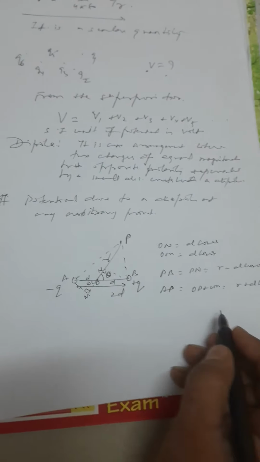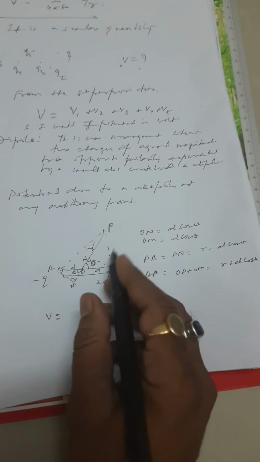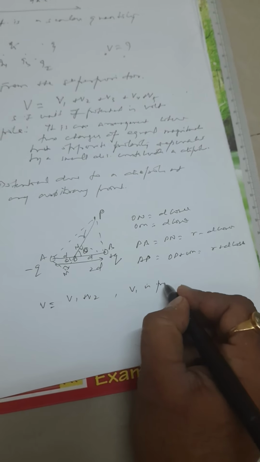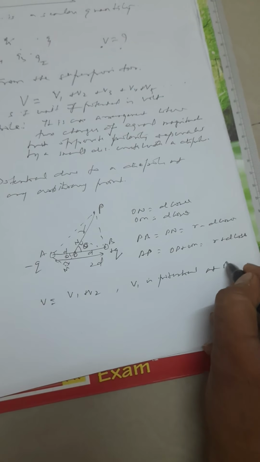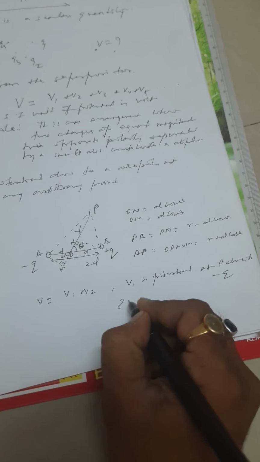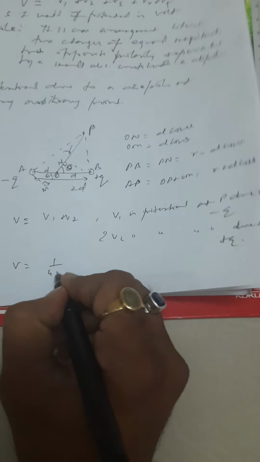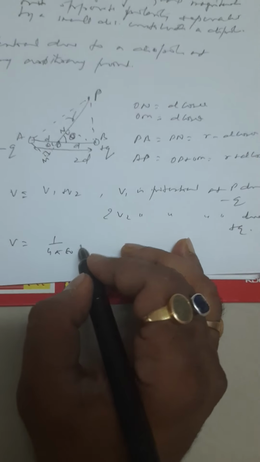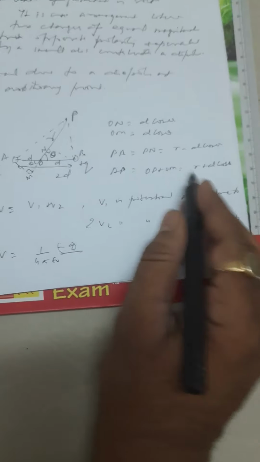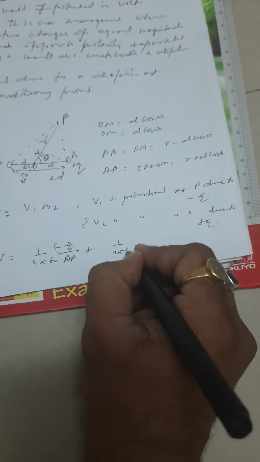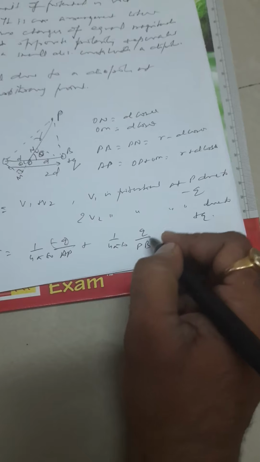So the total potential at the point P will be given by V1 plus V2, where V1 is the potential at P due to minus Q, and V2 is the potential at P due to plus Q. Now putting the values, V will be equal to 1 by 4 pi epsilon naught, minus Q by the distance AP, plus 1 by 4 pi epsilon naught plus Q, and the distance is PB.